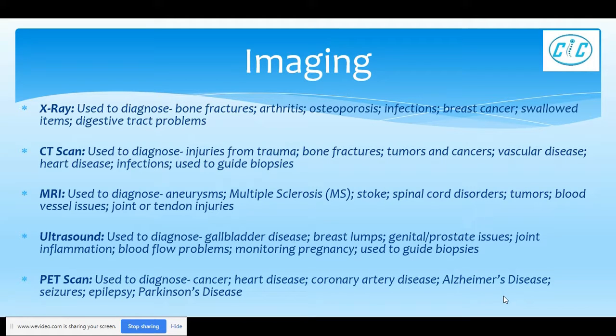MRI shows more detail of the soft tissues and the brain than X-ray or a CT scan can.